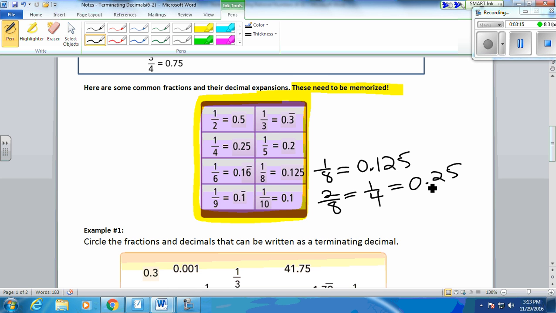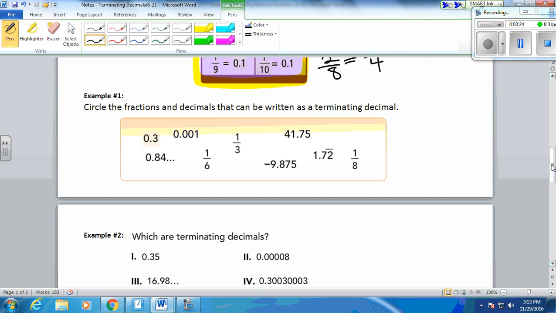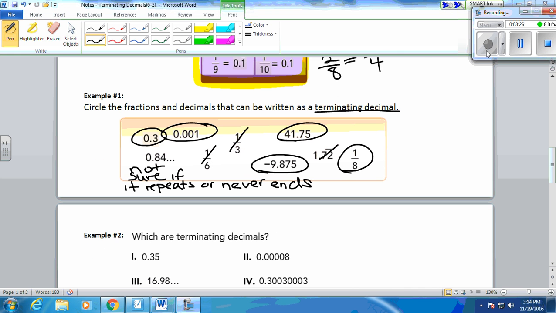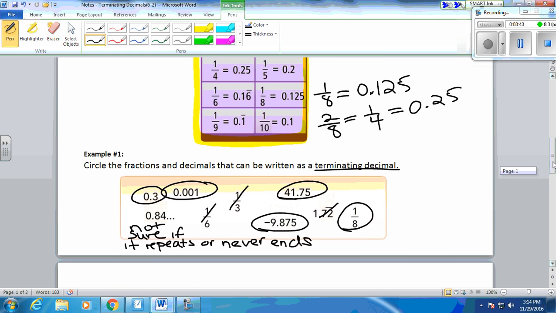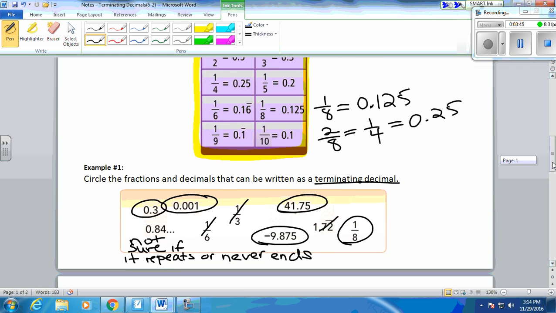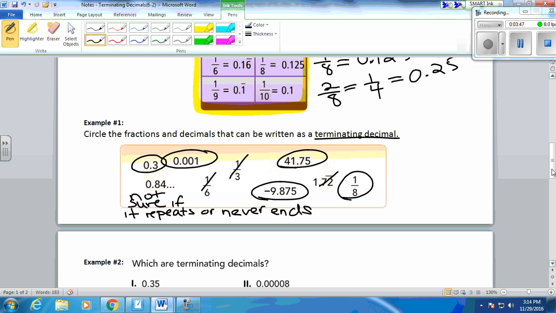Number 1, I'm just going to go ahead and ask you guys to circle the fractions and decimals that can be written as a terminating decimal. So basically all of the decimals up there, except for the 0.84 with the bar, are terminating decimals because they don't have the repeating line, except for the 1.72 with the bar. 1/6, we already know looking up at our chart that 1/6 and 1/3 are both repeating decimals, and 1/8 is a terminating decimal.